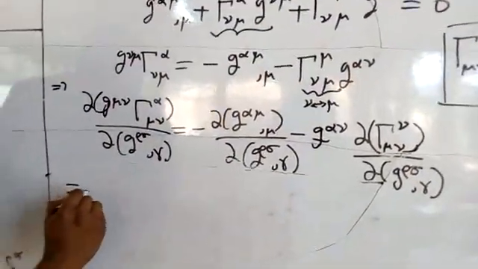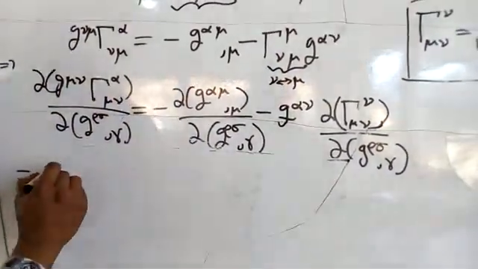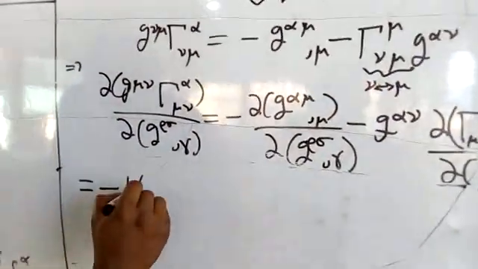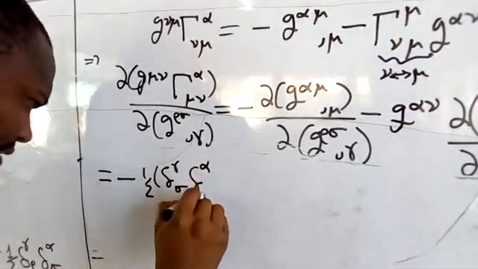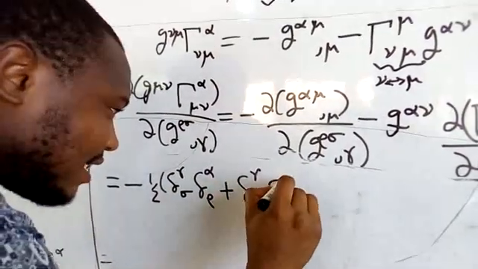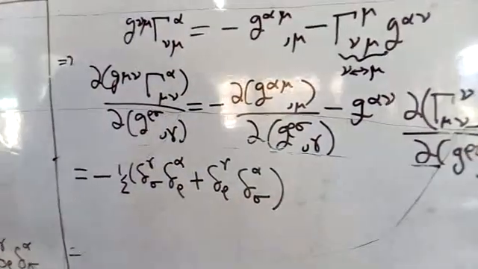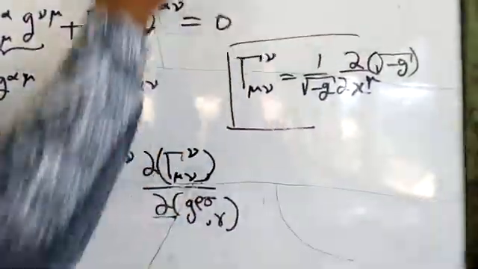This is the same thing as minus. What we've obtained already for all this is going to be minus 1 over 2. And here we have Kronecker delta of gamma sigma, Kronecker delta alpha rho, plus Kronecker delta gamma rho, Kronecker delta alpha sigma. And of course, I have here a minus, but then this whole expression is given by that.